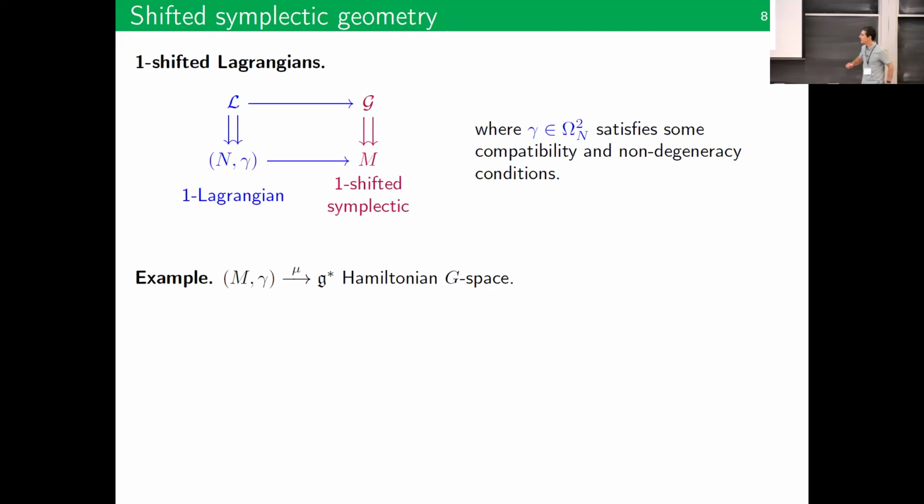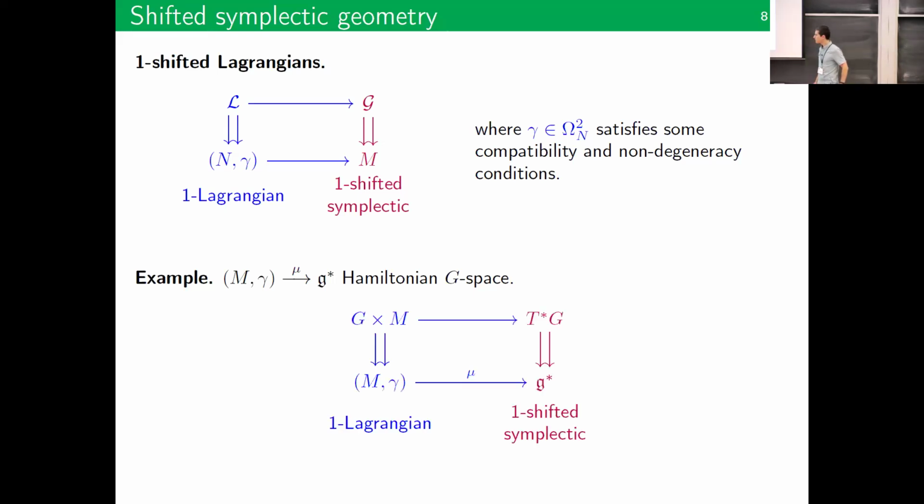So here, this is just a smooth manifold with a Hamiltonian action of a Lie group G. And it turns out to be an example of a one-shifted Lagrangian. On the base, you take the moment map. And then on the top, G can be mapped to the G factor of the cotangent bundle, and you use the moment map also for the M factor. This gives us a homomorphism of Lie groupoids.